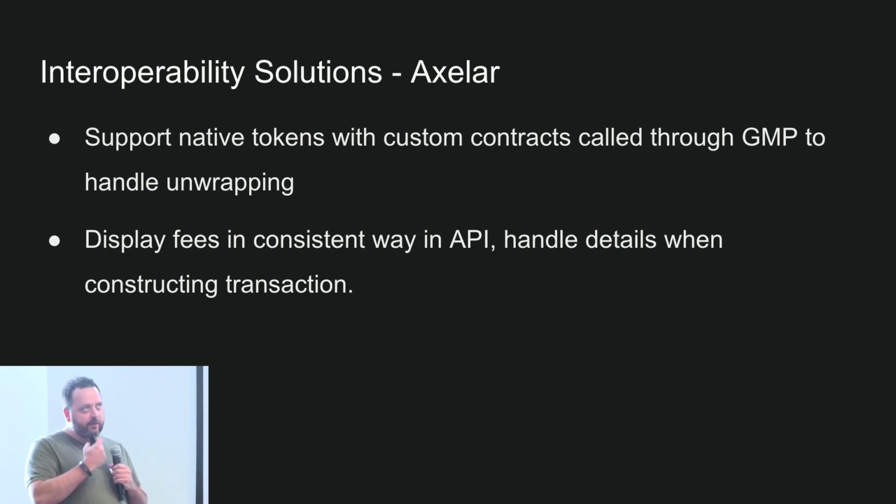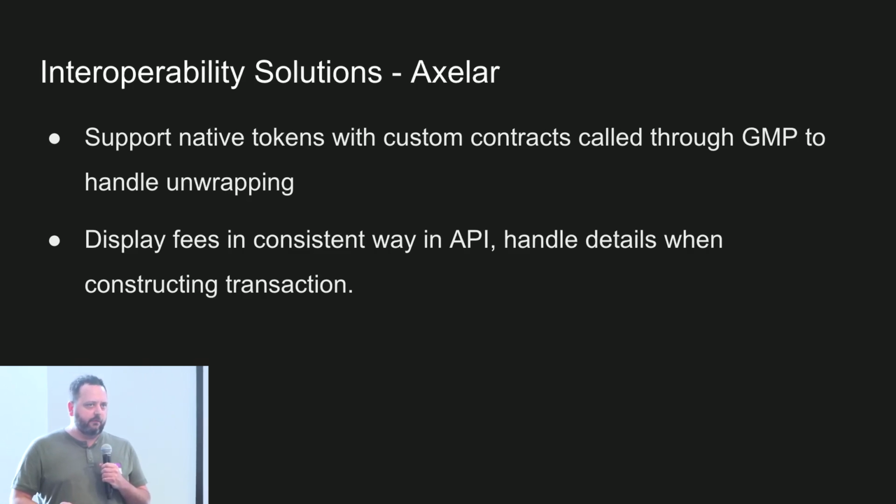And the way that we are hoping to solve the latter case is through better support for swapping on EVM sides, so that you would basically just trade into a token that actually has better liquidity. And then the other way that we solve this is displaying fees in a consistent way in the API, even if the reality is a little bit different.